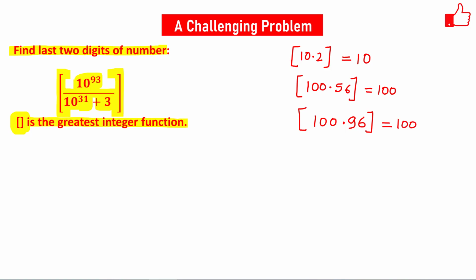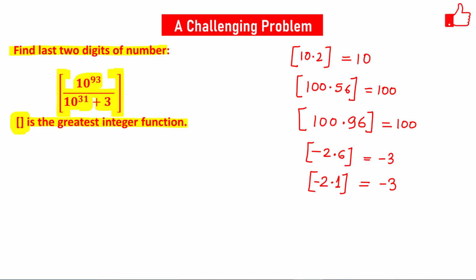But now with a negative number, let's say negative 2.6, the greatest integer will be minus 3. Or if you have minus 2.1, in this case also the greatest integer will be minus 3. So in this way the greatest integer function is defined.